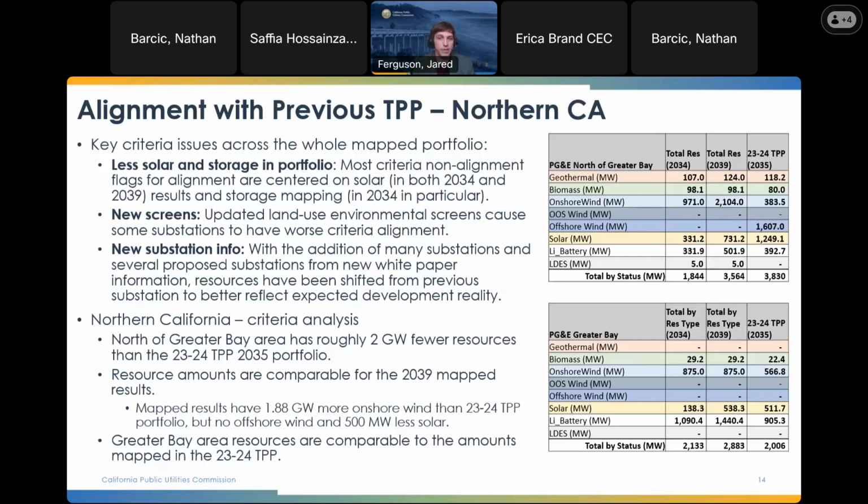The total difference gets more comparable in 2039, but it's a significantly different resource mix of onshore wind and a little bit more storage rather than offshore wind and solar. Next slide.